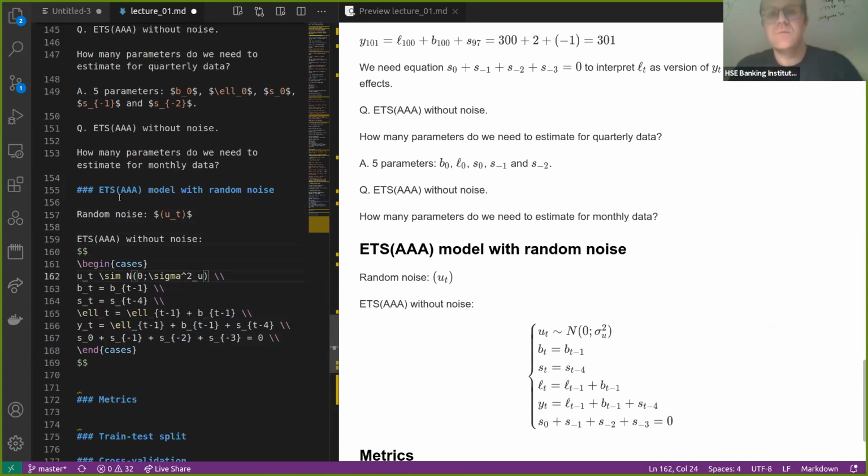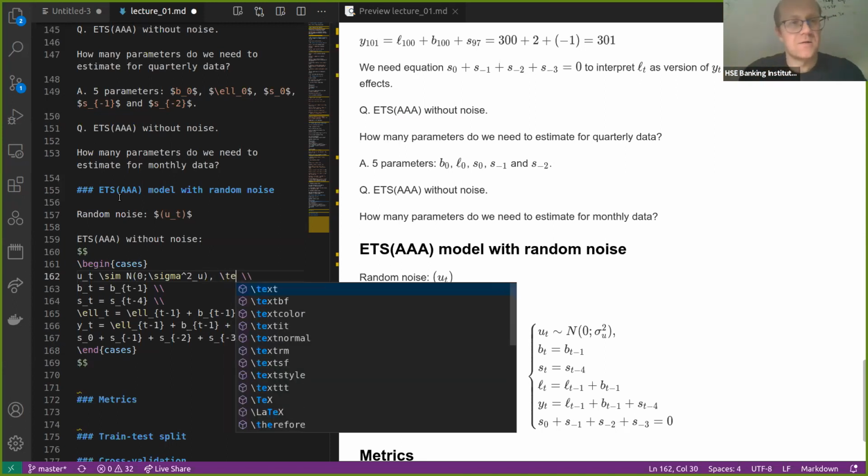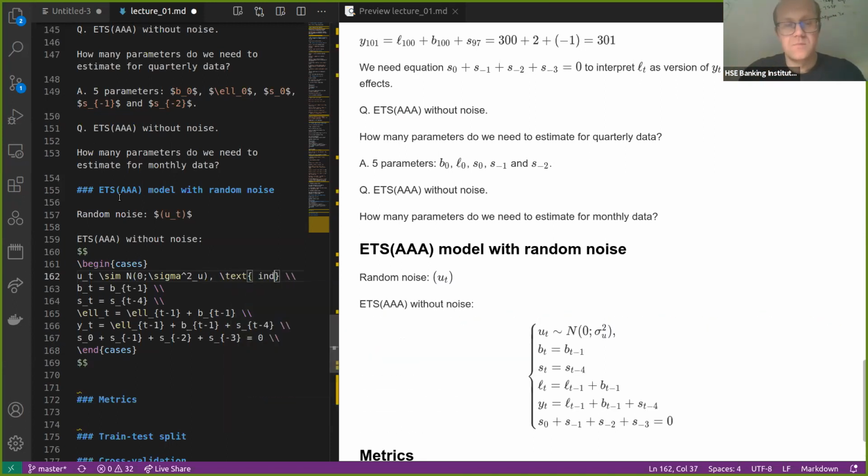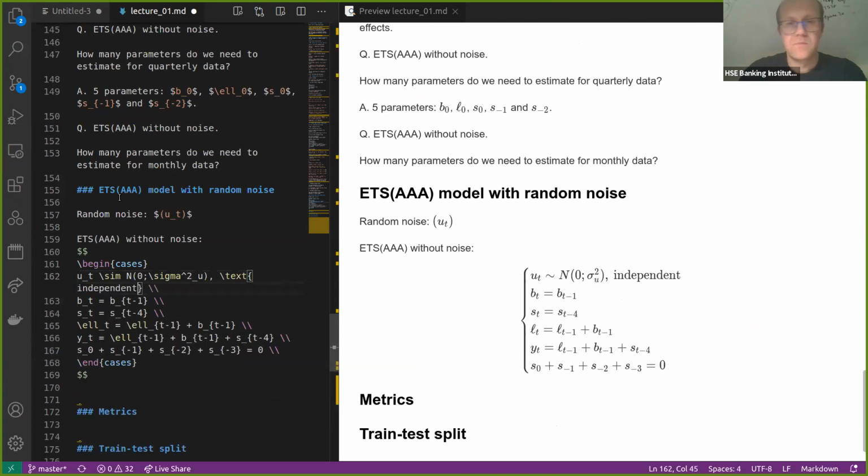So the random terms that will enter some of the next equations will be normal with mean 0 and variance sigma squared, and they will be independent.